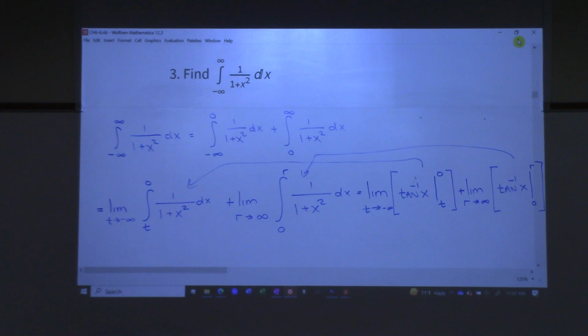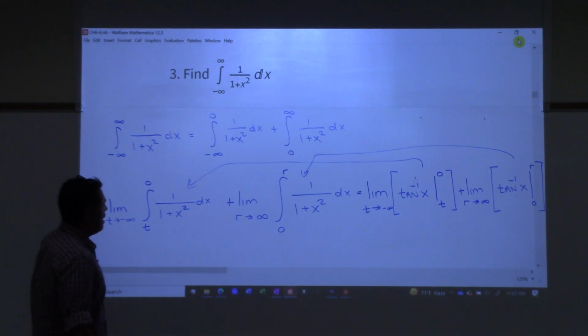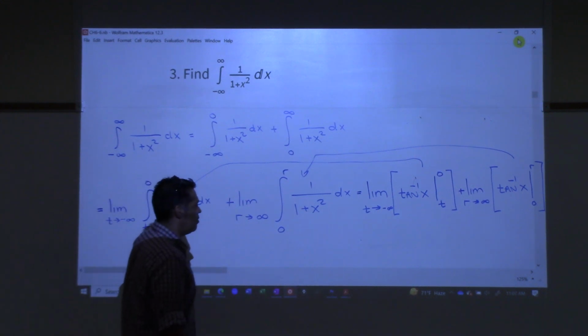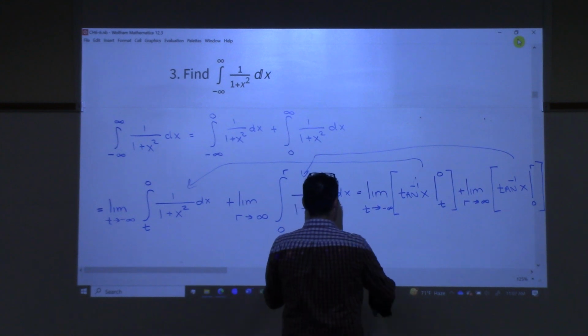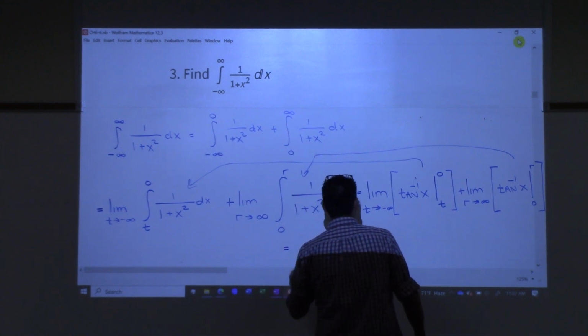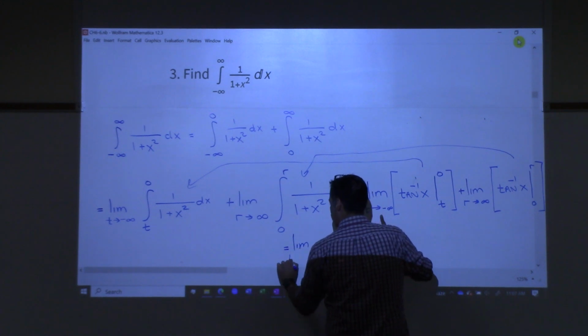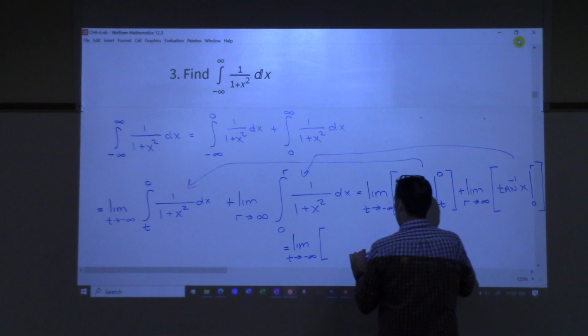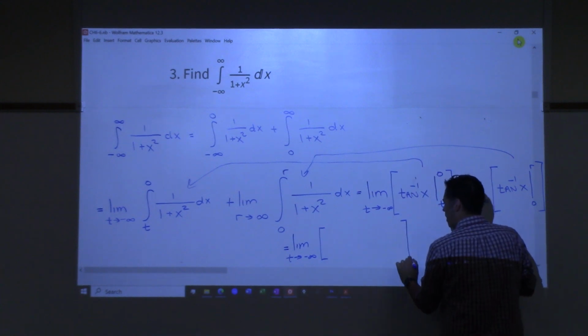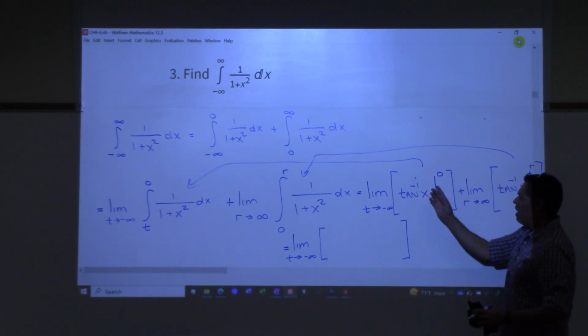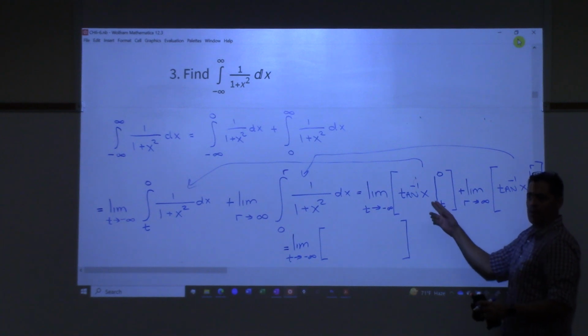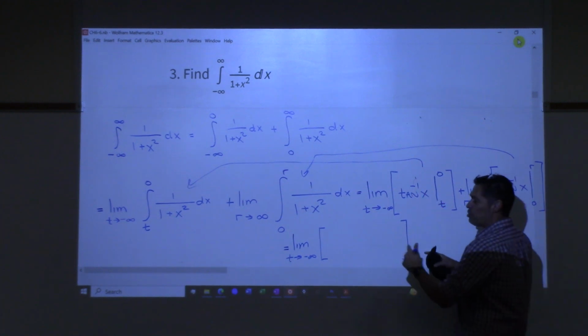We're okay? All right. I should have given myself a little bit more room. I don't want to erase anything yet. Let me see if I can squeeze that in right here. Equals, okay, I'm going to rewrite this limit. Limit t goes to negative infinity of, now a little bit more room here, because when I actually do this, I have to first plug in 0 and then plug in t, right, and subtract.